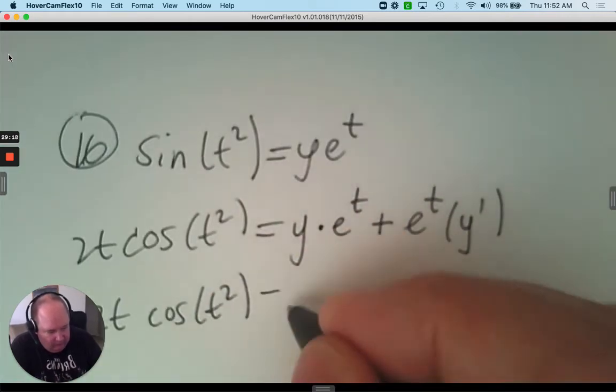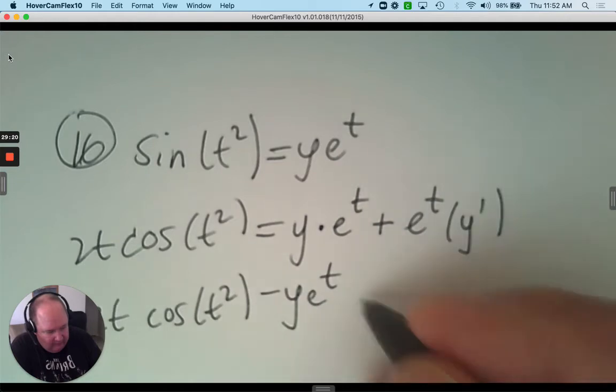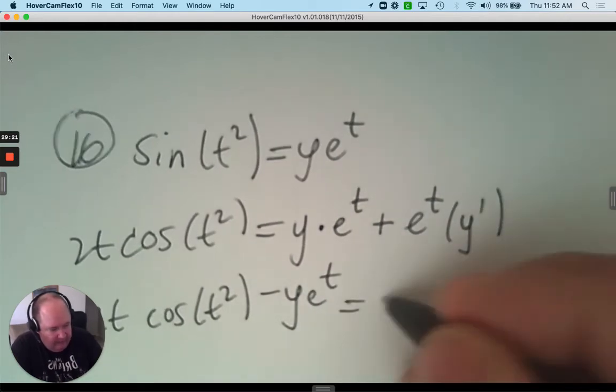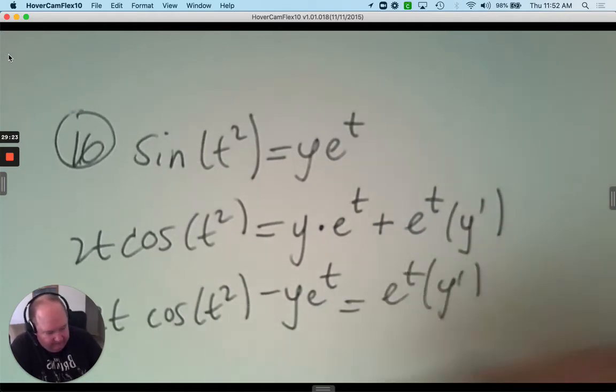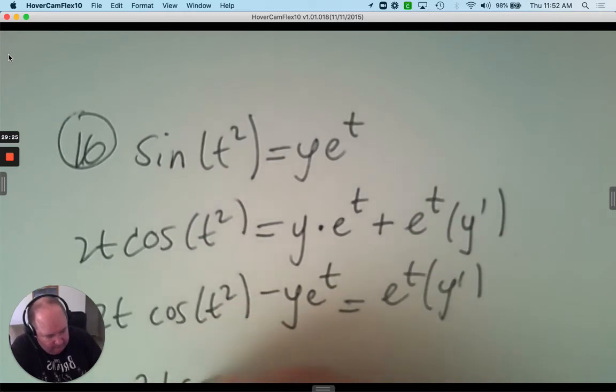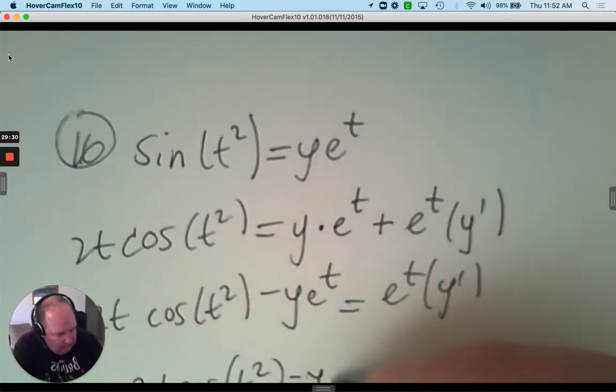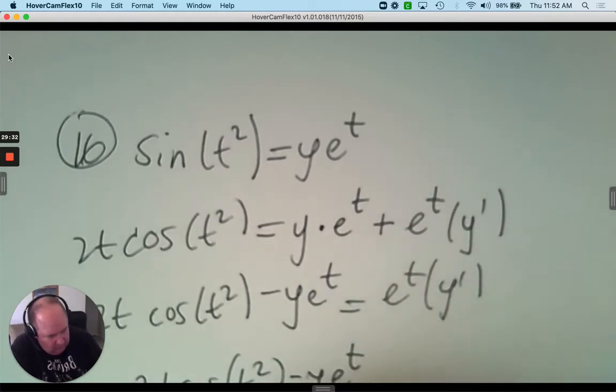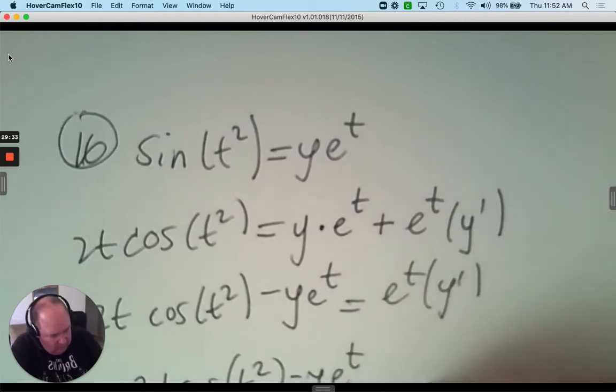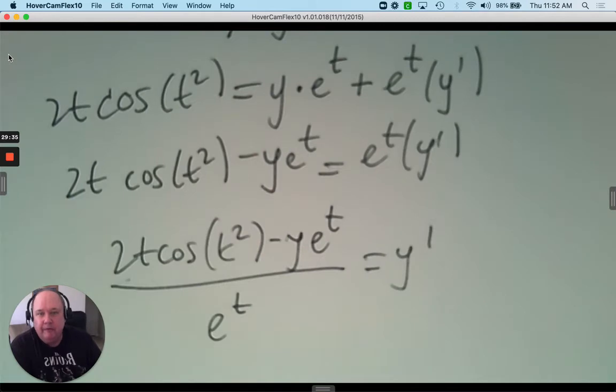So we're going to subtract y times e to the t, and then the last step is to divide. There's your answer. And then divide to get y prime by itself. All right, turn the page.